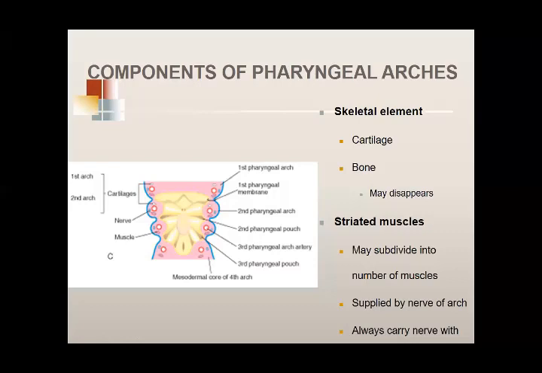So अगर ये एक इसका classical example जो है, that is the diaphragm, that develops in the cervical region, लेकिन it goes down into the thorax. And in the cervical region, it is supplied by the phrenic nerve, C3, 4, 5.